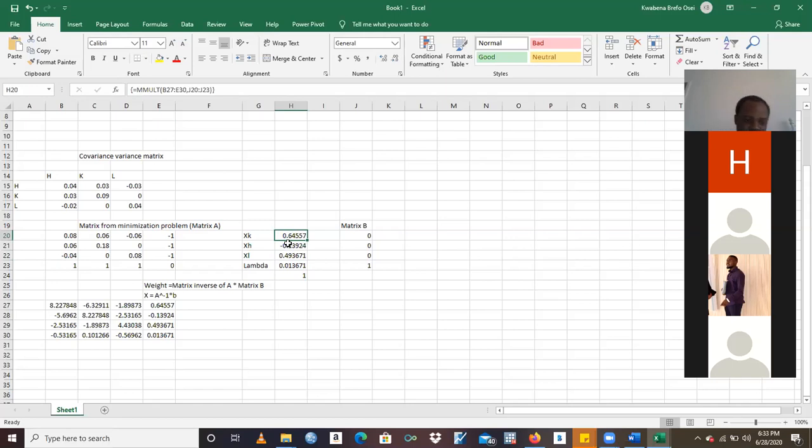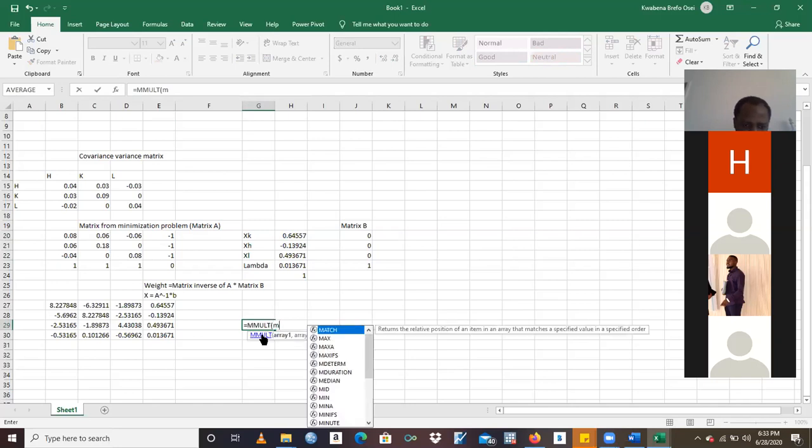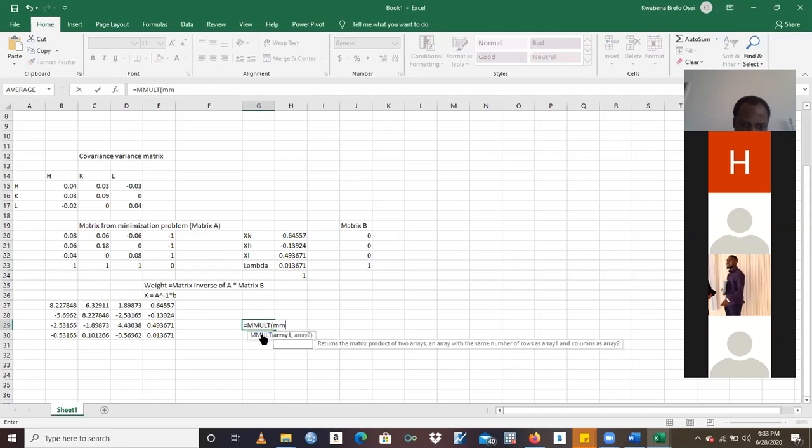Now, if you are looking for the variance, it is equals to, I think, transpose of this one. Okay, I just want to check.